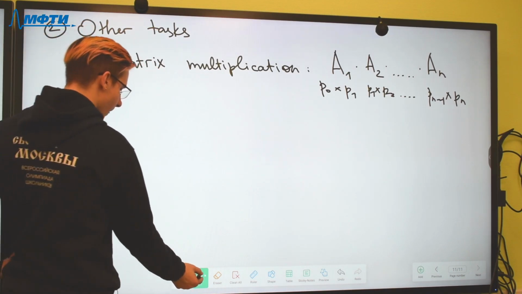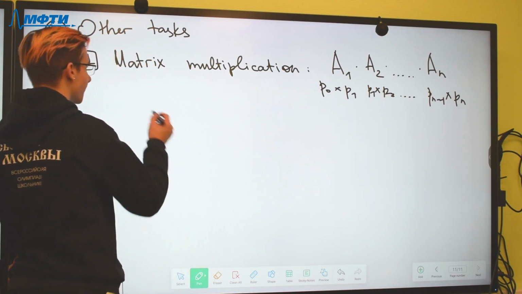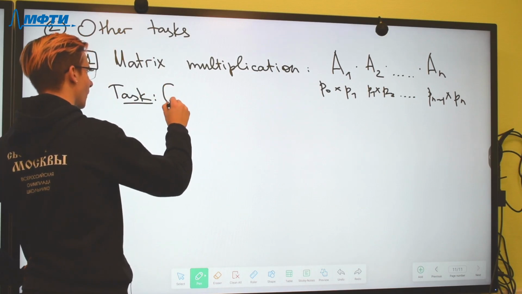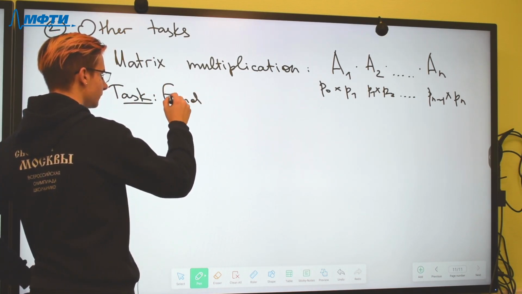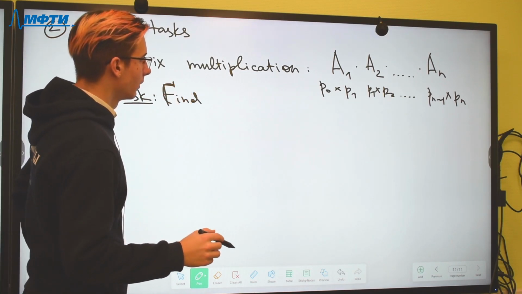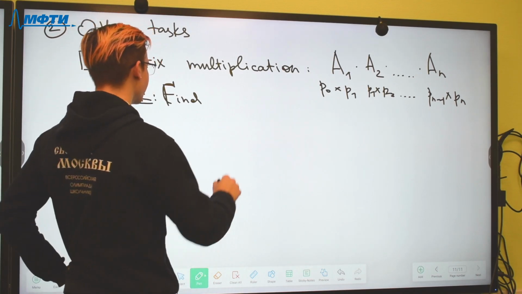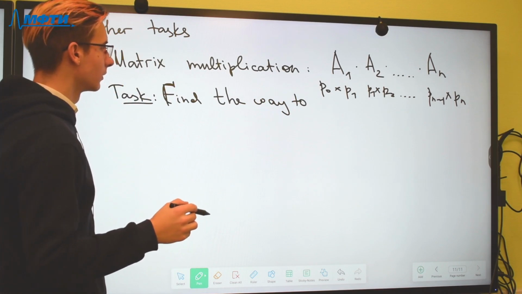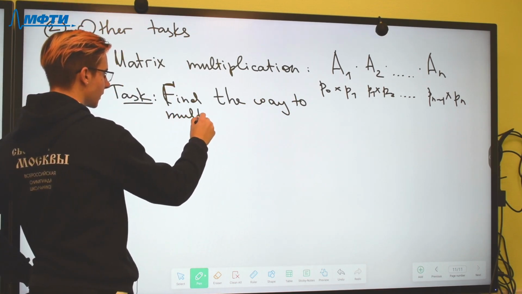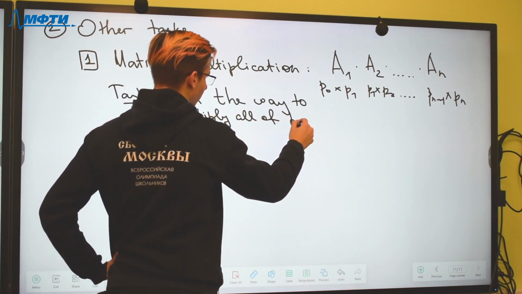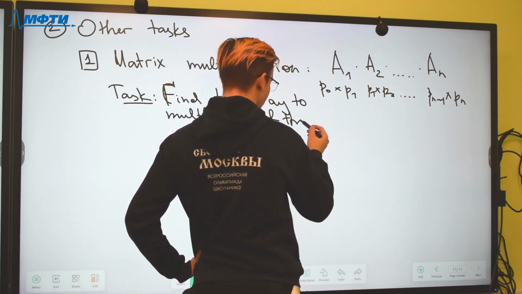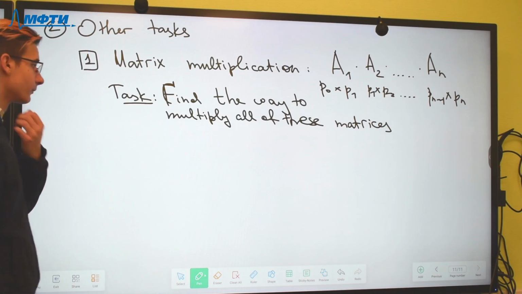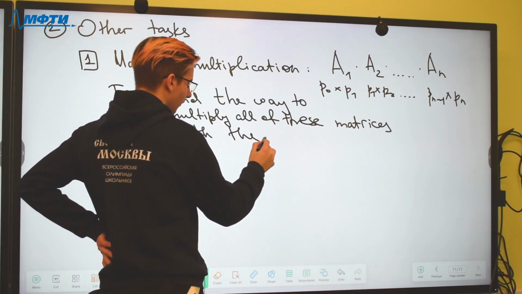Our task here is to find the way to multiply all of these matrices with the minimal time.